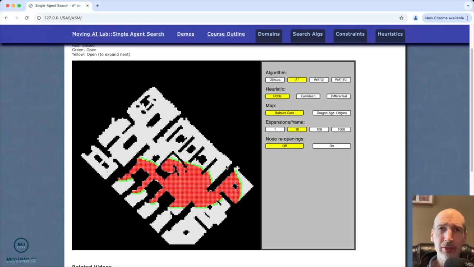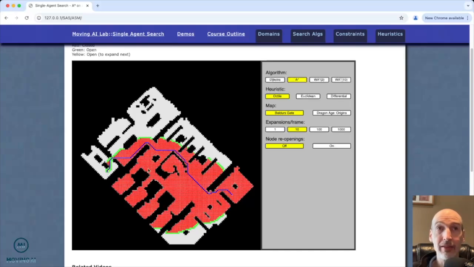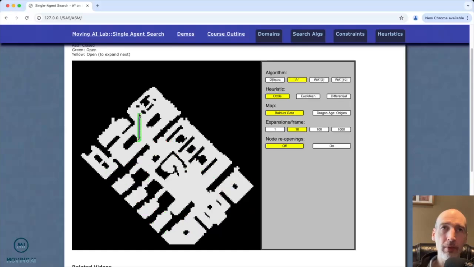The answer here has to do with the fact that Euclidean distance basically assumes that we're not on a grid. And so we get this sort of straight line. We think that there's a straight line path that exists, even though we can't take that straight line. And so even on some very simple problems, octile is going to go straight to the goal.